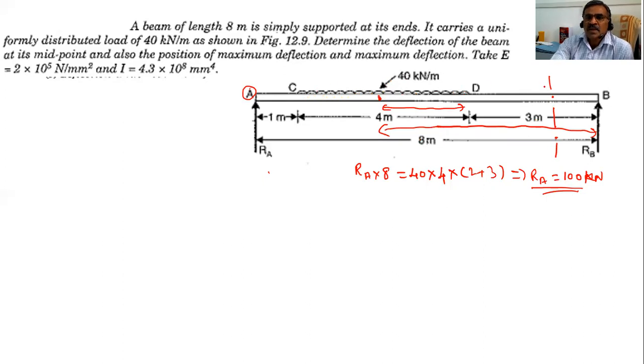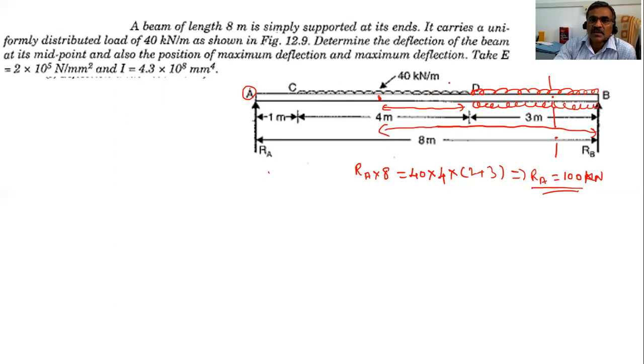When you take the axis here, this must be extended up to the support. So if you add an extra load to balance this in the same portion, you got to apply an upward load. That is a downward load. Here we are applying the upward load, but of the same magnitude. Then it will be balanced. If you take it like this, then only you will be able to solve this problem.